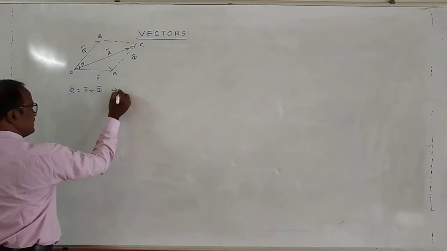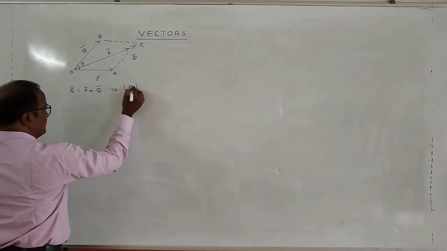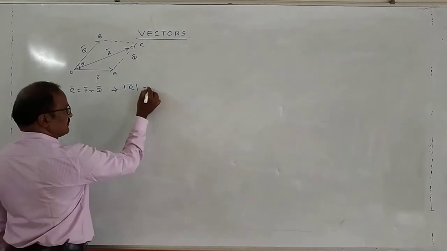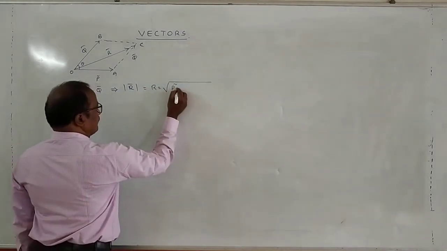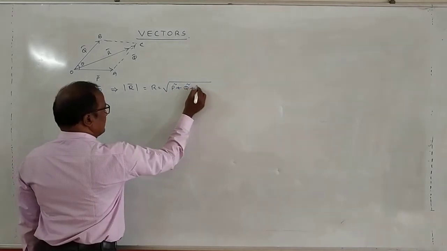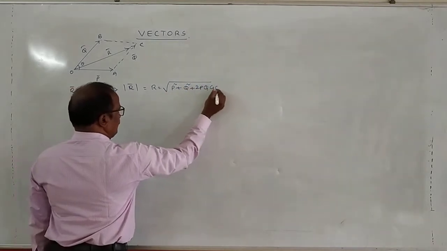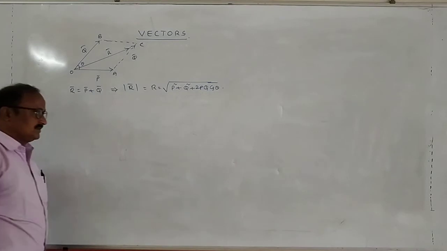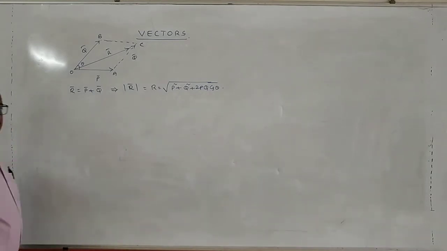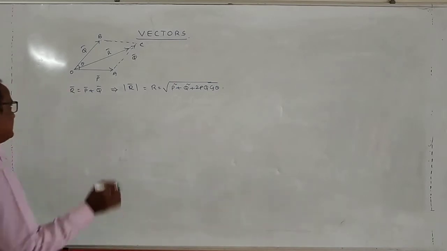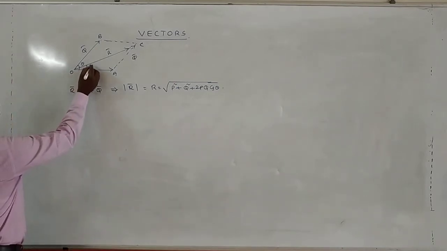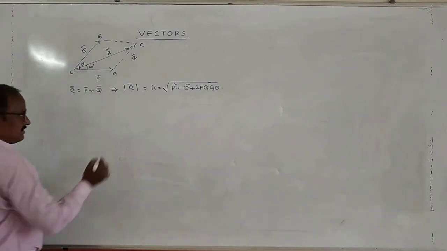That implies the magnitude of the resultant, modulus of R bar, is equal to R, which is equal to root of P square plus Q square plus 2PQ cos theta. This is the magnitude. Again, to find the direction of the resultant R bar, let alpha be the angle with p bar.